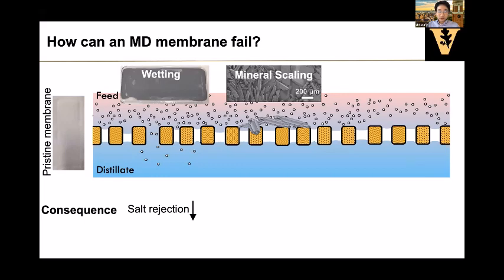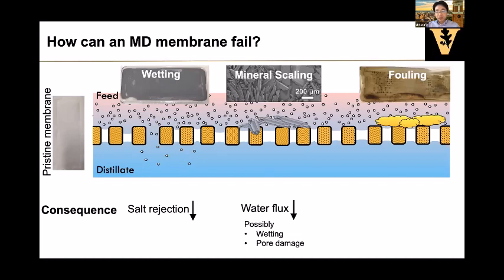Once the water is concentrated beyond a certain extent, the salt basically precipitates on the surface of the membrane. The consequence is that the water flux drops because of the blockage, but it may also lead to wetting and even pore damage because of the crystallization pressure. When crystals form within the pore, they can damage the membrane.